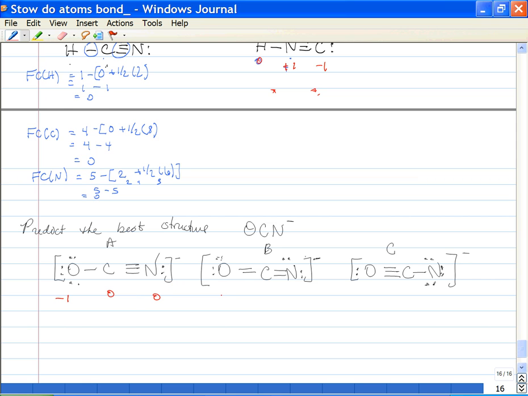So oxygen will have a +1 formal charge. I just emphasize the fact that it's not negative, it's a +1. And it really doesn't make sense that oxygen has positive charge on it, because we know oxygen is electron rich.